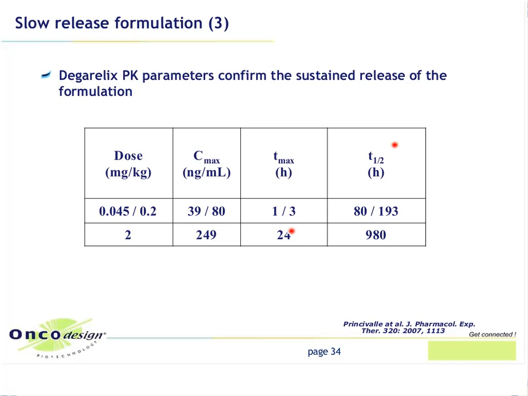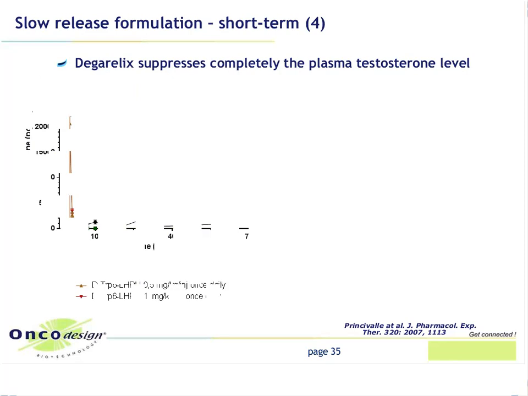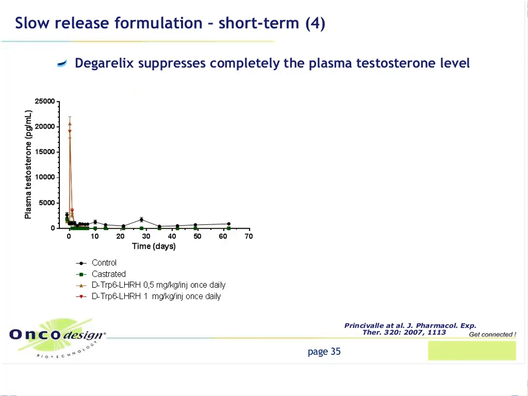But as expected, the half-life of the drug reached about 8 days here for the dose of 0.2 to 40 days when the drug was dosed at 2 mg/kg. So after this confirmation, we checked the effect of Degarelix on plasma testosterone.